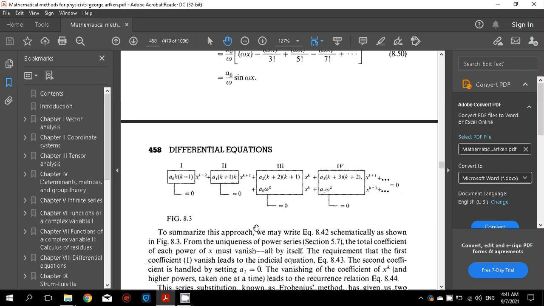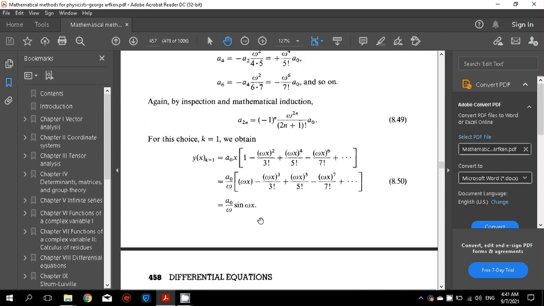Okay, so let me finish here. In this lecture we have just introduced the Frobenius series method, and we have elaborated this technique on solving the differential equation of the harmonic oscillator.